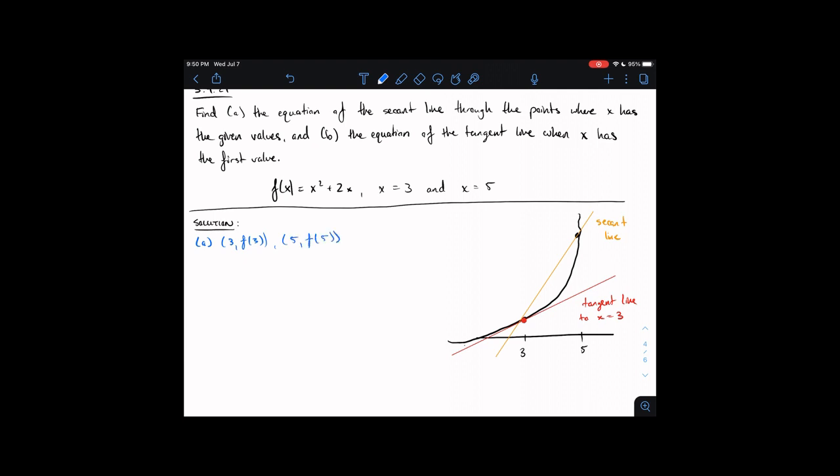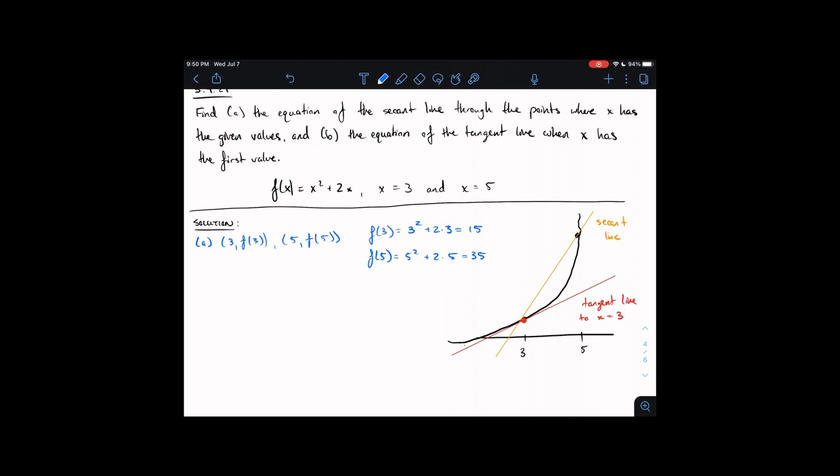Let's figure out what f of 3 and f of 5 are, so we can use those points from now on. If we stick 3 in for that function, we have 3 squared plus 2 times 3, which is 15. We plug in 5, we have 5 squared plus 2 times 5, which is 35.